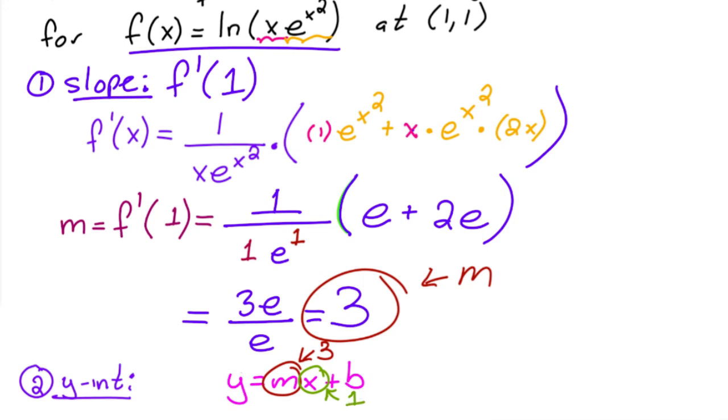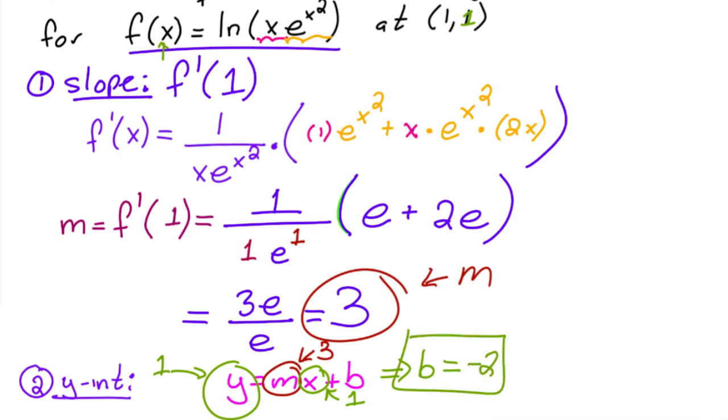And then you plug in your y value, which in this case is given. It's also equal to 1. But if it wasn't given, you would simply plug in the x value into the original function and you would get the y value that way. So if you do that, you would get that b is equal to 1 minus 3, so negative 2.